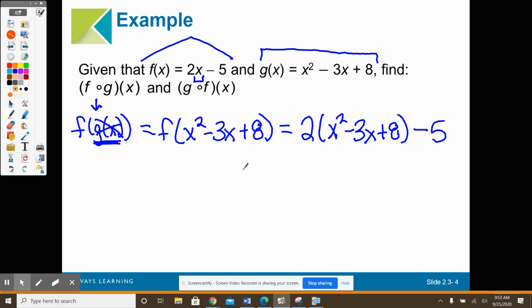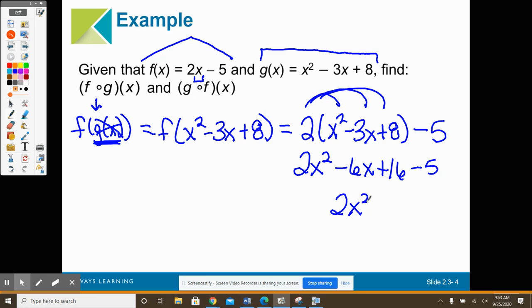It will kind of look like what you originally started with from a distance. If you put a big x over the parenthesis in 2x minus 5, it looks kind of the same. Then you'll have to clean up and distribute. So that's 2x squared minus 6x plus 16 minus 5. And I get 2x squared minus 6x plus 11. So that is the super rule.